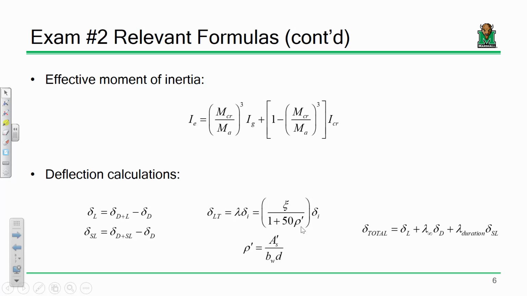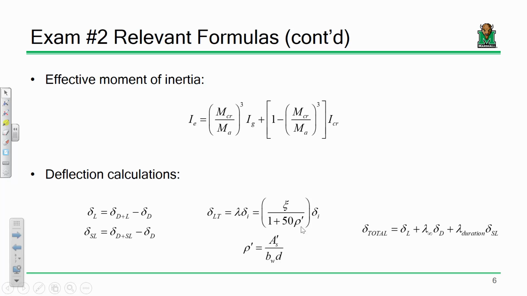Or another way you could write it is that deflection total would equal that plus that, if 100% of that live load was sustained. And if none of it was sustained, then just remove that.